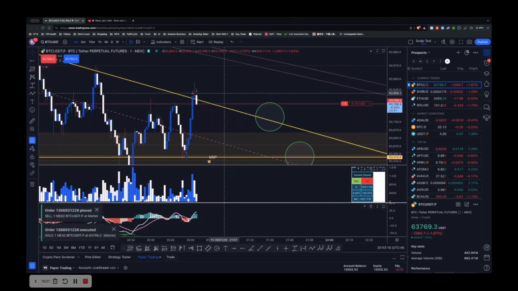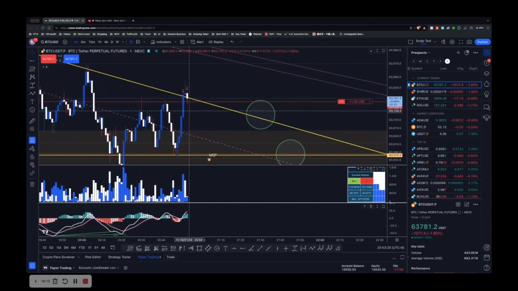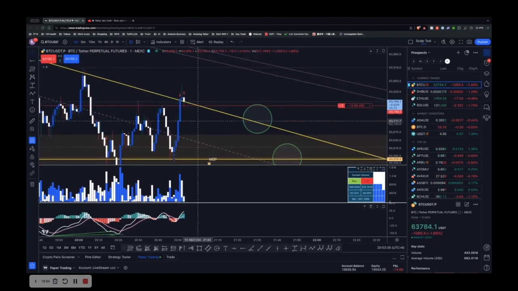So I am shorting here. This is probably a reaction of the follow-up buying because a lot of people are buying based on this candle. So it depends on which pressure is harder. The liquidity is harder or the buying pressure is harder.